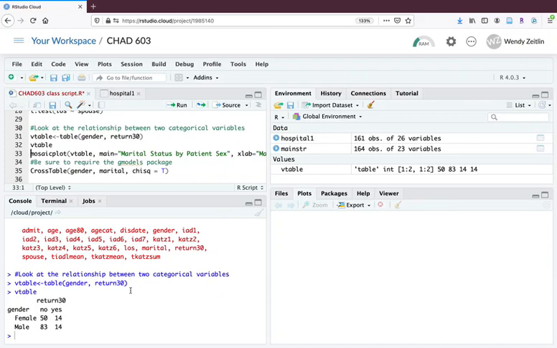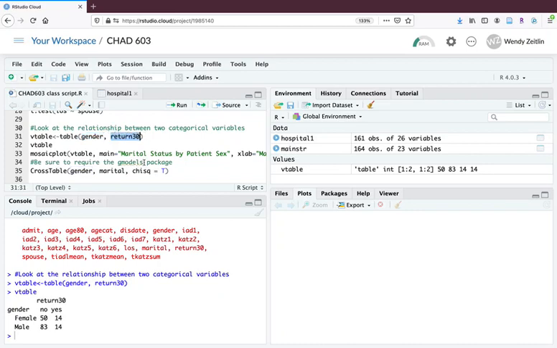And now notice in this table, the rows are the gender variable. So if you go across, those are rows. And so we put the row variable here and the column variable here.